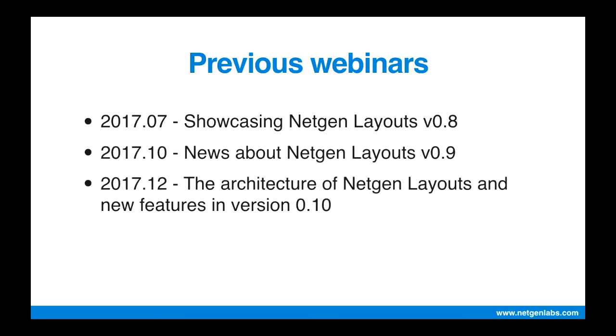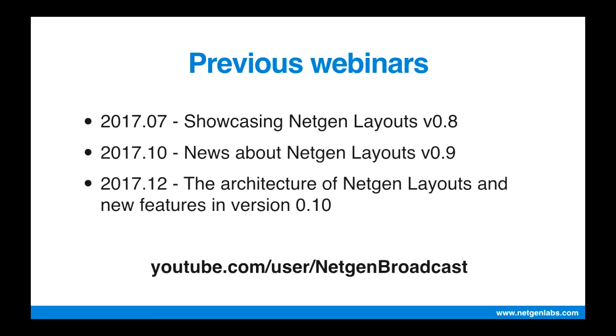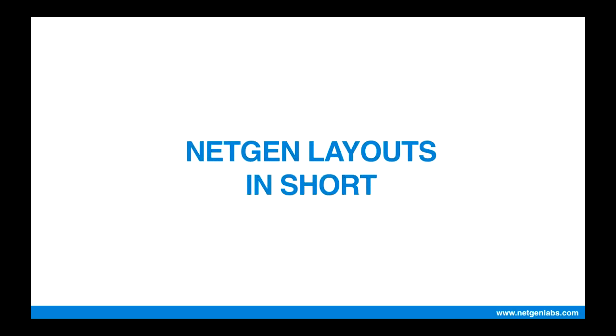And in December, we also featured the 0.10 release, but also talked about the architecture a bit deeper. And today we will talk about first case studies. You can find those webinars on our YouTube channel. There is a Netgen Webinar playlist.